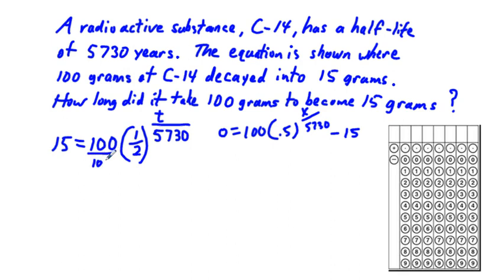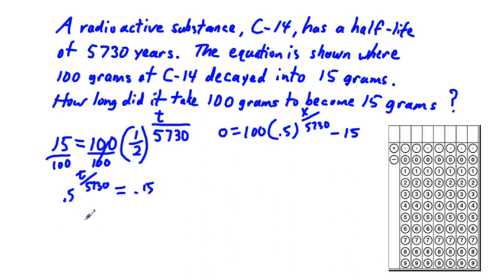You divide by 100. So that'd be 0.15. So 1/2 to the power of t over 5730 equals 0.15. I want to put this 0.5 to the power of t over 5730 equals 0.15.